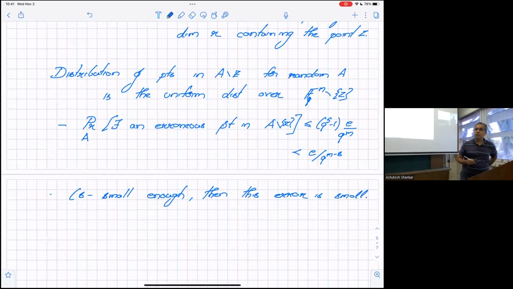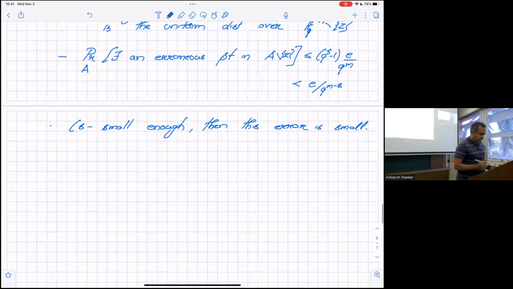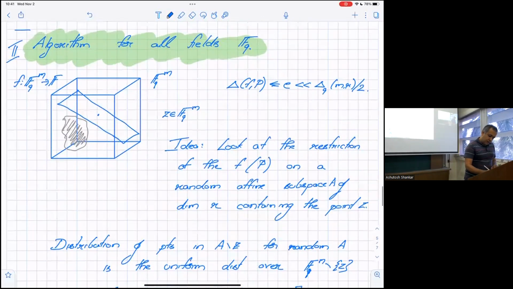Go ahead. After I settle on the subspace, how do I know that this contains no errors? I do not know. So this is a property: this algorithm will work only if E is less than 1/3 Q^(m-S), which will be a quantity significantly smaller than delta Q^m over 2.